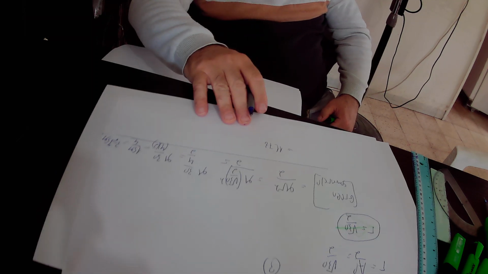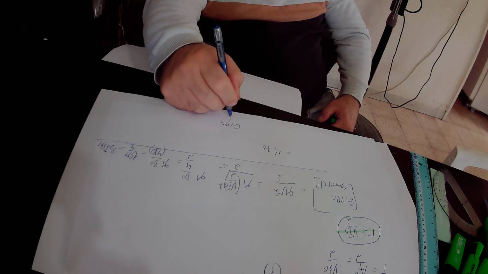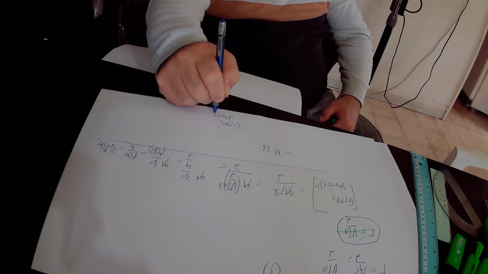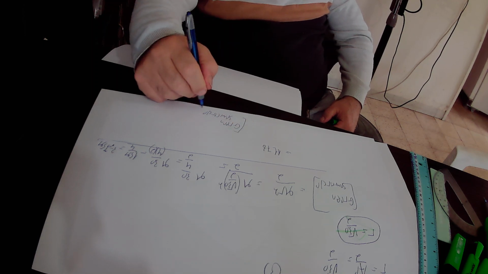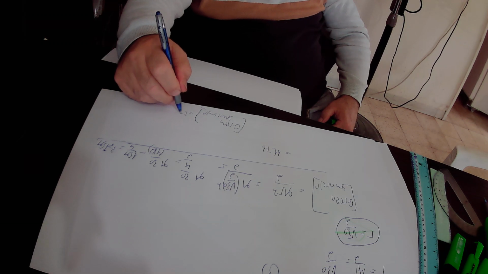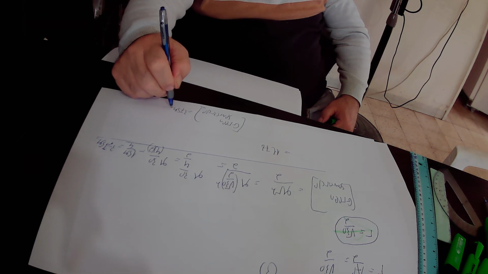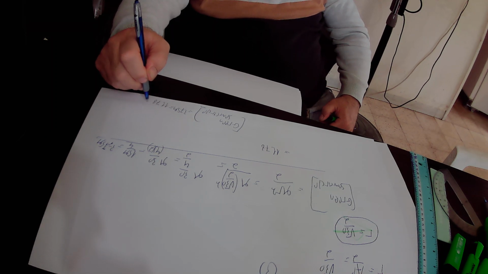So, in conclusion, we have found out that the area of the green semicircle, according to the second method, equals either 3.75 pi square units, or in terms of numbers, 11.78 square units.